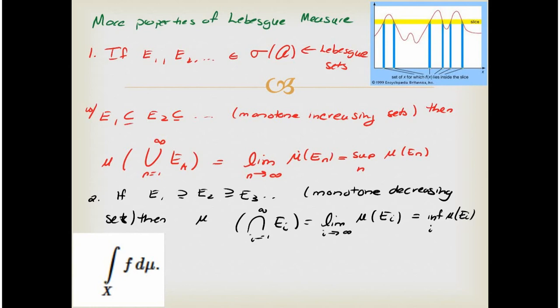You can think of it as a minimum, but the minimum has to be attained. For example, the sequence 1 over n decreases to 0. The infimum is 0, and there is no minimum inside that set that's attained. The supremum, the sup, is the least upper bound. So if you're playing limbo with your sequence, the infimum is as low as you can go with your limbo stick, as a bound.